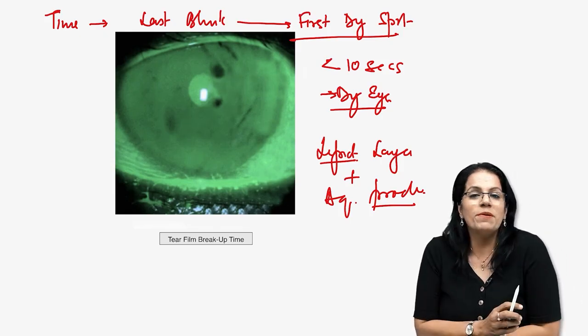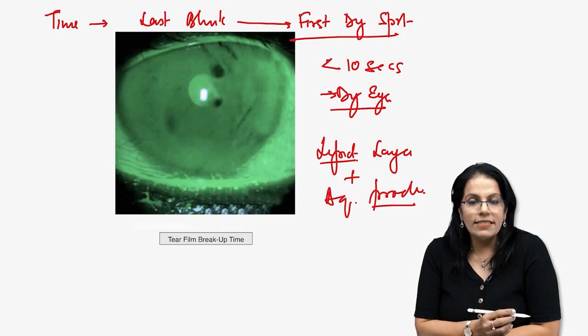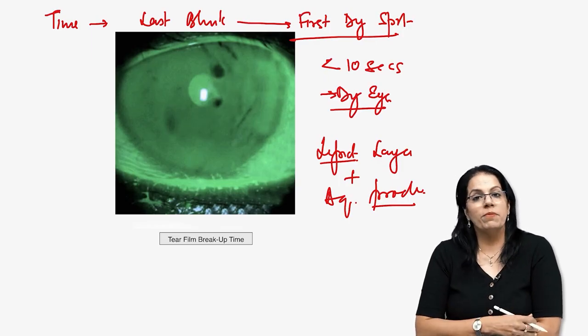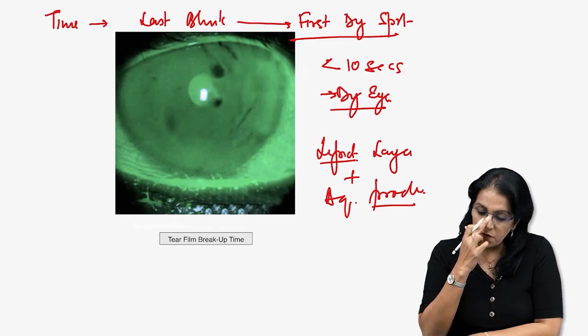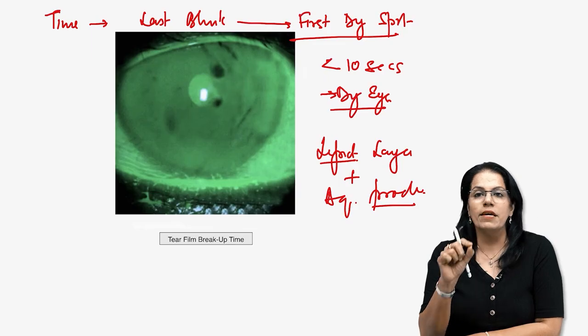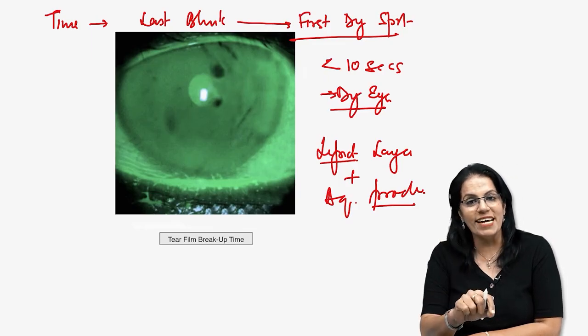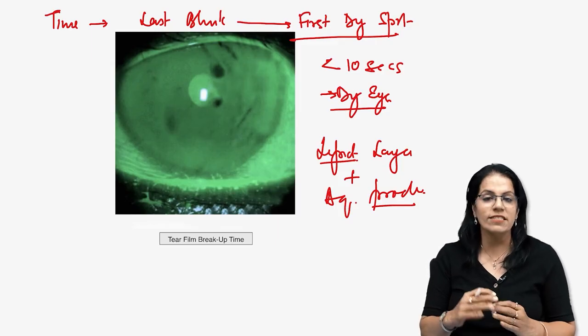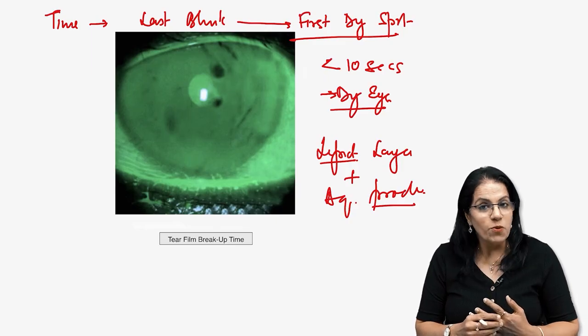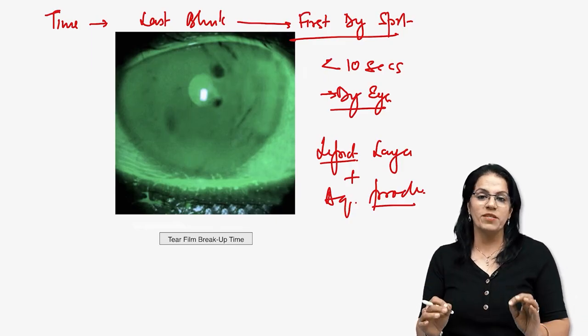Now, what we have to keep in mind in this test is that you should be repeating it at least 3 times. Why? Because if you see that the dry spot is appearing on the same spot every time, that means there is some surface problem in this patient. The corneal surface there is not smooth. This is the reason I am getting a dry spot there.